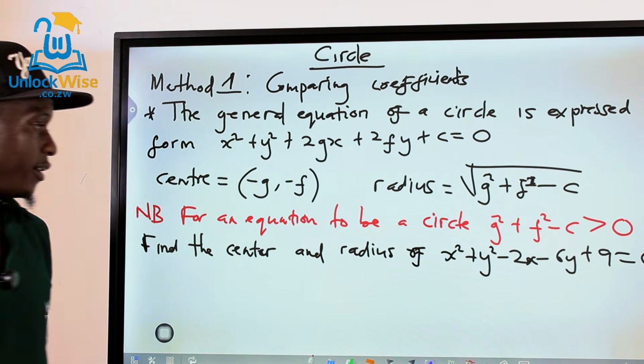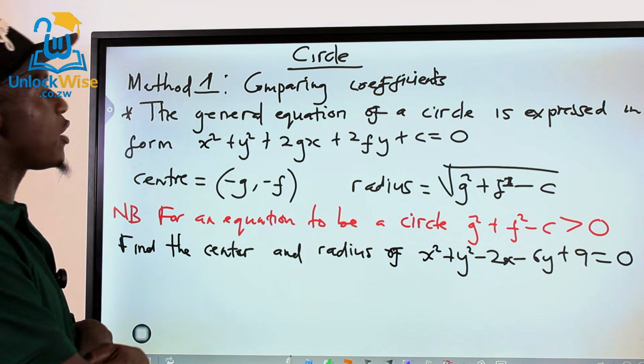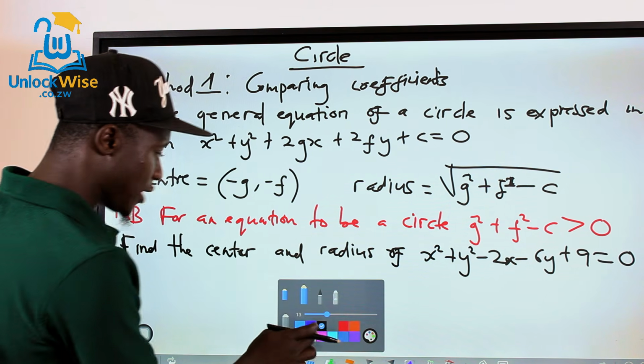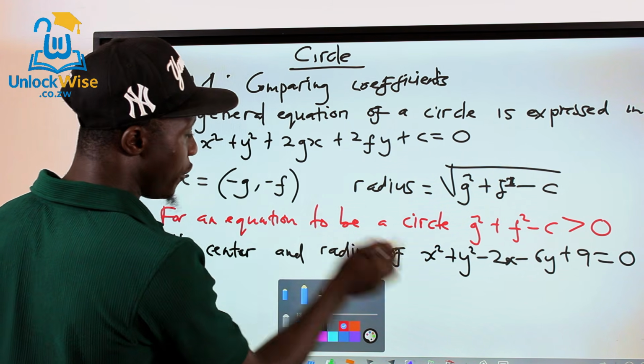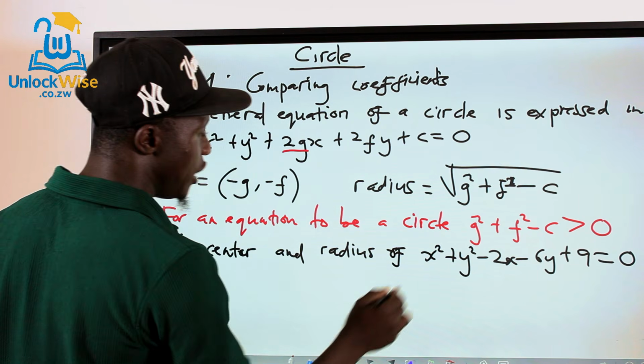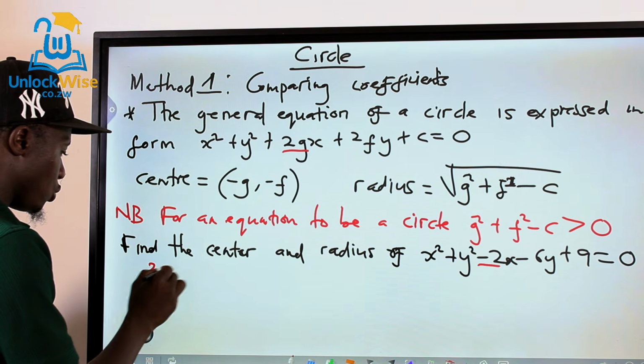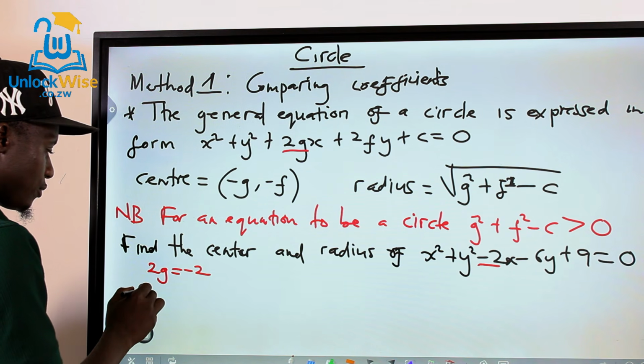So here is what you do. You simply compare the coefficients. The coefficient of x here is 2g, and the coefficient of x is minus 2, so 2g is equal to minus 2.